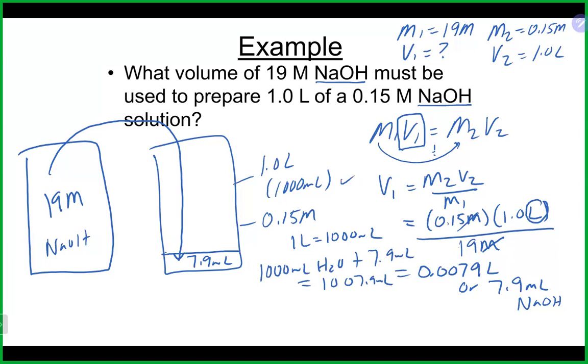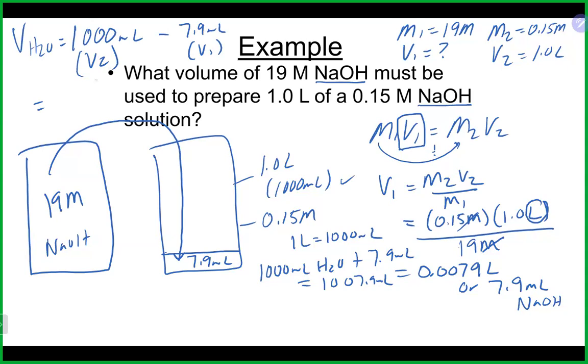So to figure out how much water you need to add in this case, you would take your final volume you're looking for, which is typically your V2, minus typically your V1 value, 7.9. I'll do it in milliliters since there are a little less zeros to deal with. We'll do 1,000 minus 7.9.